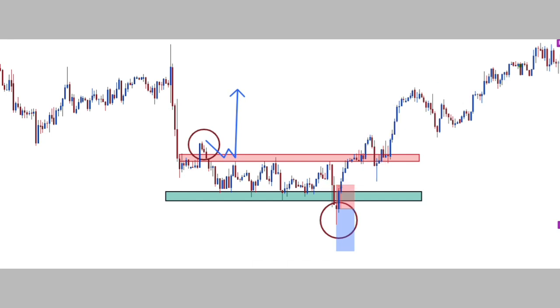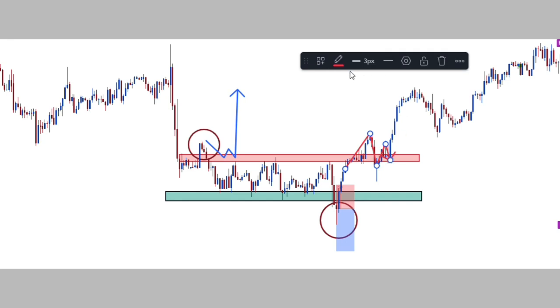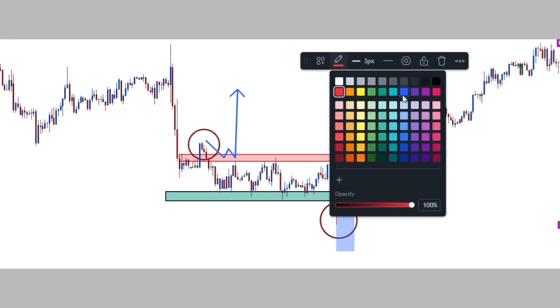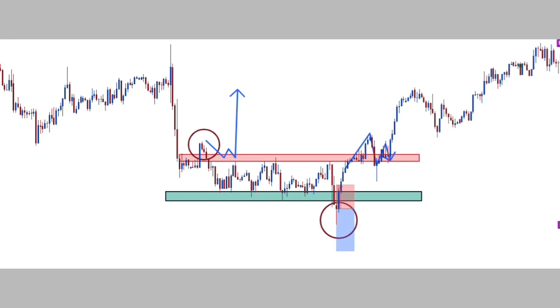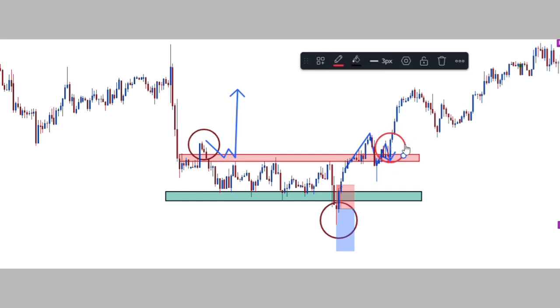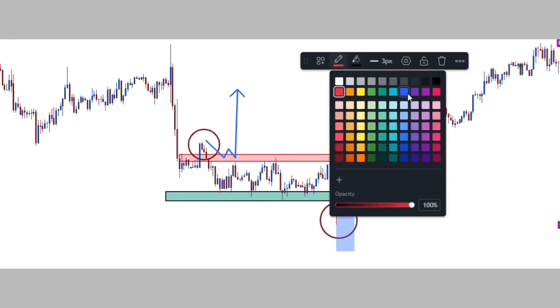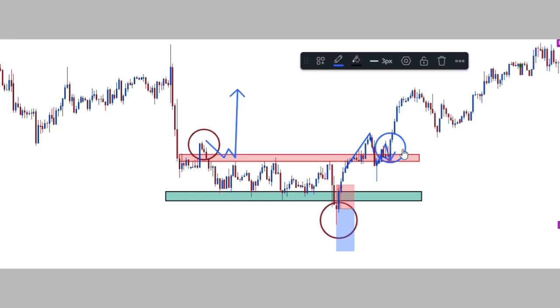You would have waited for price to break out and wait for this liquidity sweep to happen. There is that retest, and then you would have bought at this bullish candle here. This would have been your confirmation to buy to the upside.